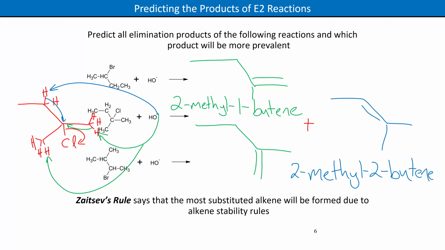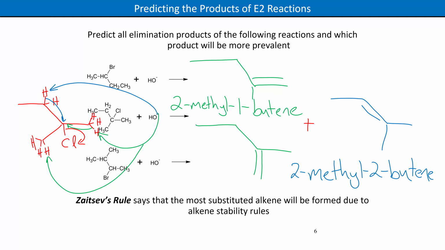Just like with chiral carbons, where you had to have four different things attached to the same carbon, for an alkene, at least one side or both sides of the alkene have to have two different things attached to it. Otherwise, if you switch these two, they're both methyls, so if you switched them, we'd get the same thing. And same here with hydrogens.